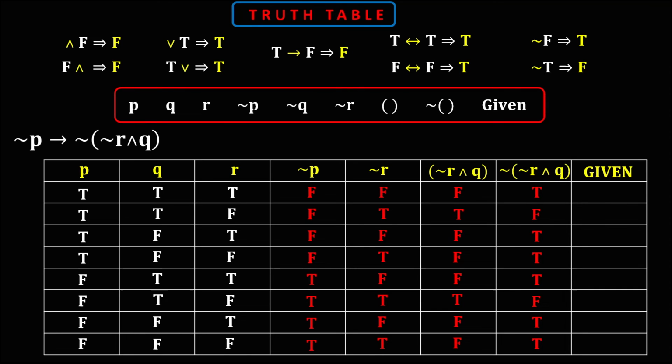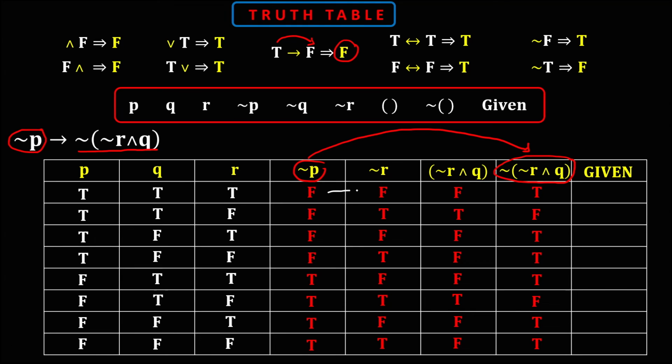Then the last one, the given: observe from the given, not P arrow to the negation of not R and Q. So we have not P arrow to this column. And take note that for conditional or implication, only true arrow to false is false.